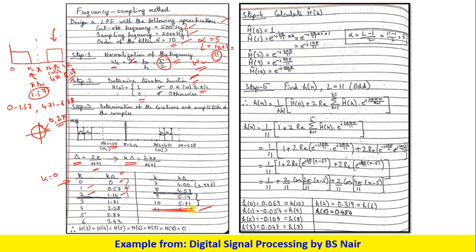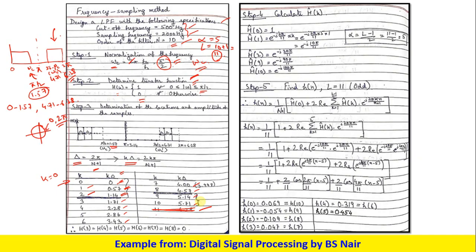So we get 11 points: 1, 2, 3, 4, 5, 6, 7, 8, 9, 10, 11. We are getting 11 points.